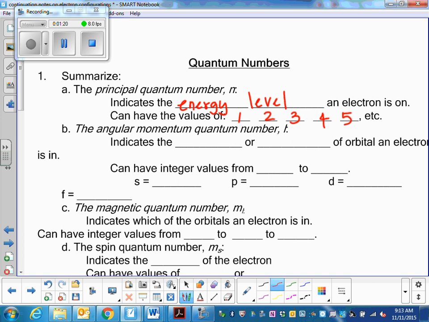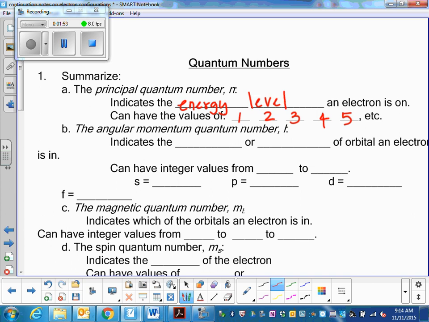Now, so you have the n energy level. Then he solved for L. L, he said, depends on n. What values can L have? L can have values from 0, including 0, up to n minus 1.